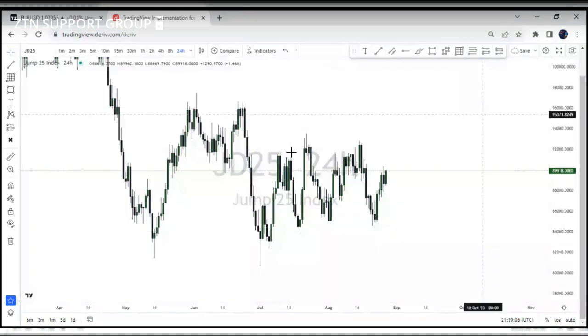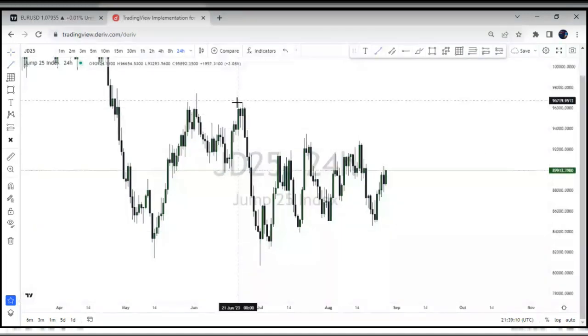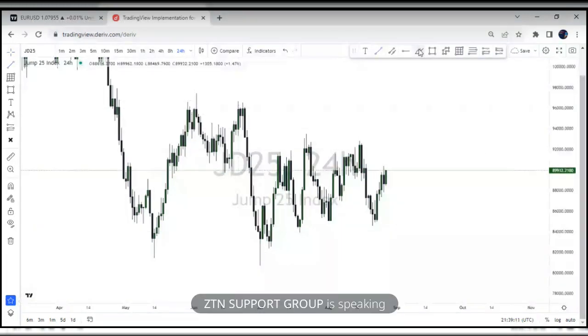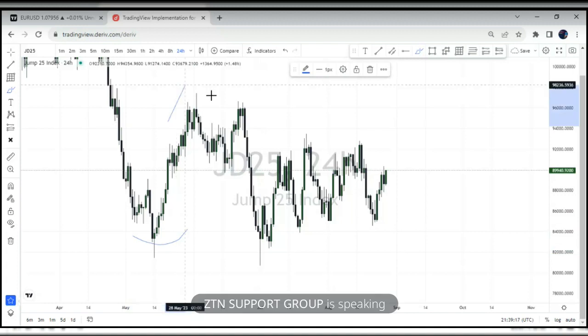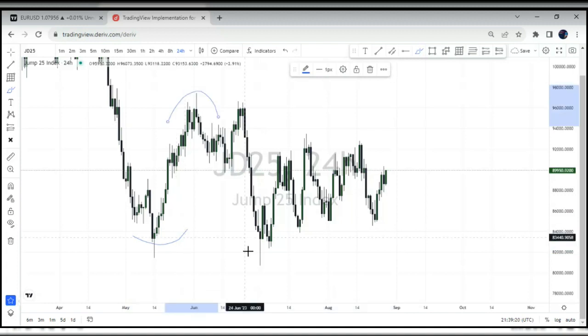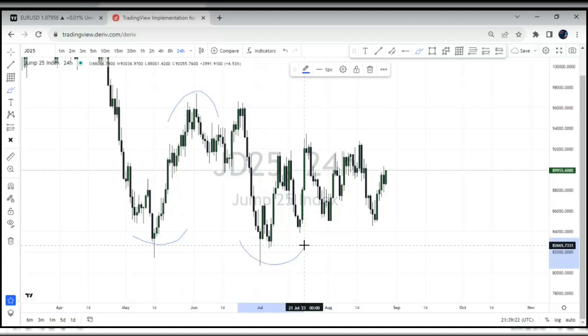But no matter what, this is it, guys. Lower low, lower high, lower low. So all of this is just noise.